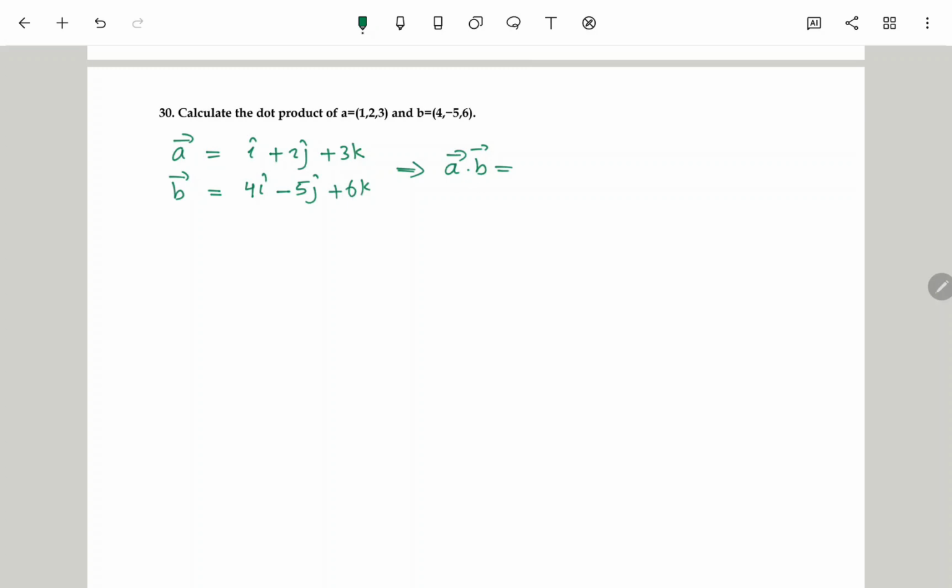So A dot B in this case is 1 times 4, which is 4, plus 2 times -5, it's -10, plus 3 times 6, it's 18. So A dot B equals 12.